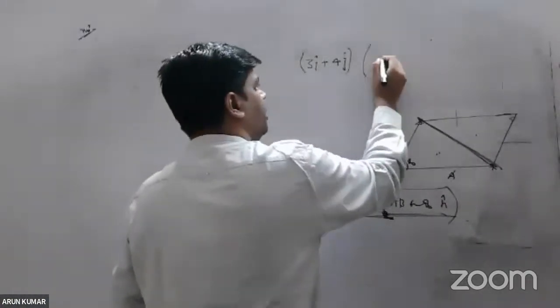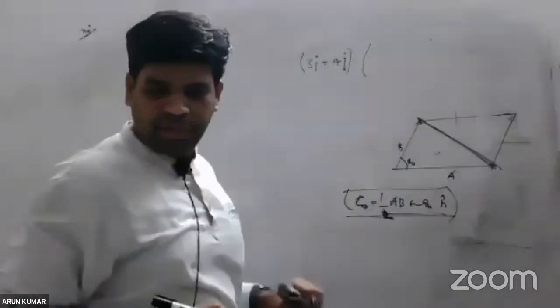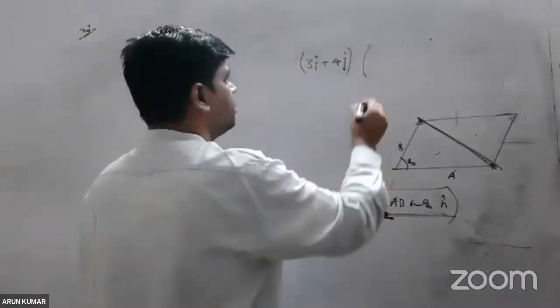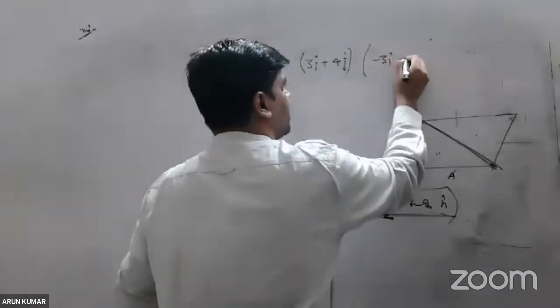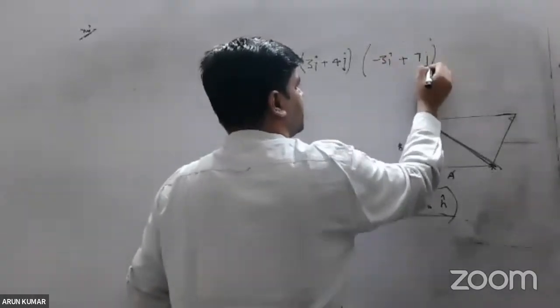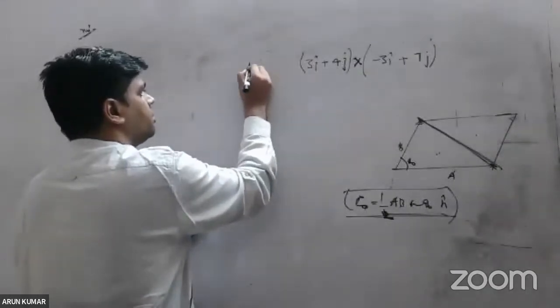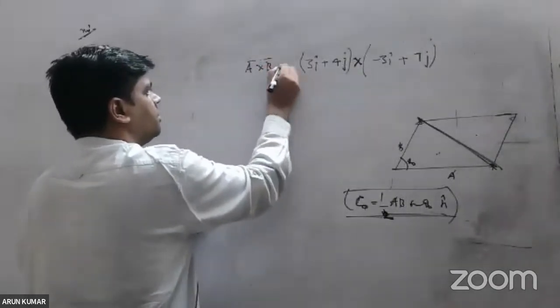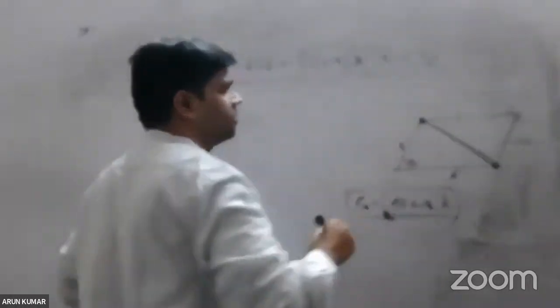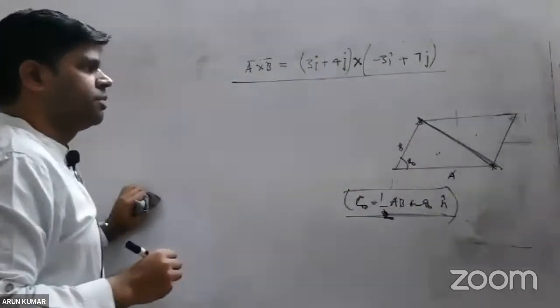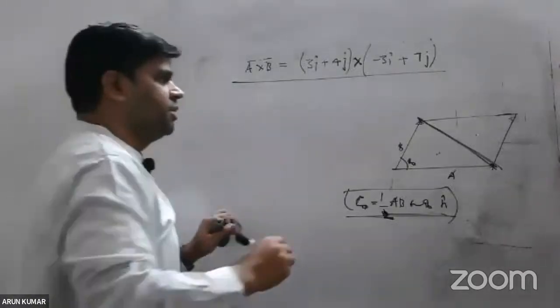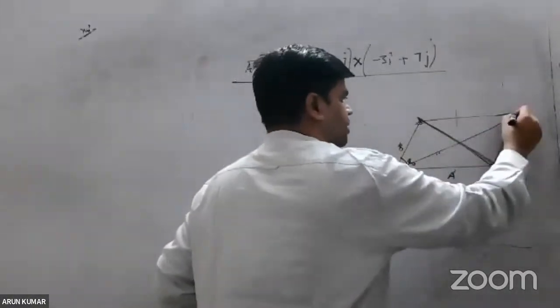The other vector is minus 3i cap plus 7j cap. This will give me the area of the parallelogram. See, this area would be equal to this area.